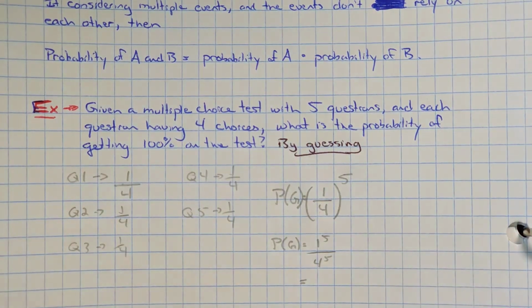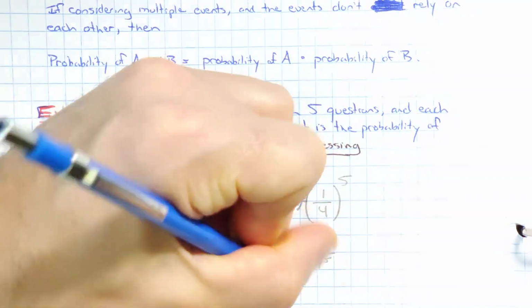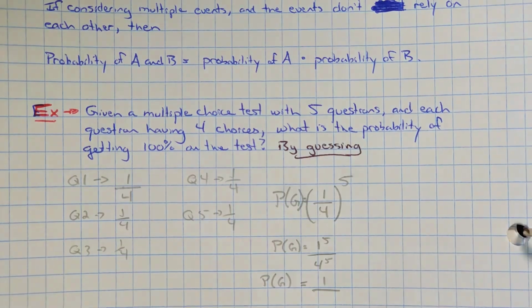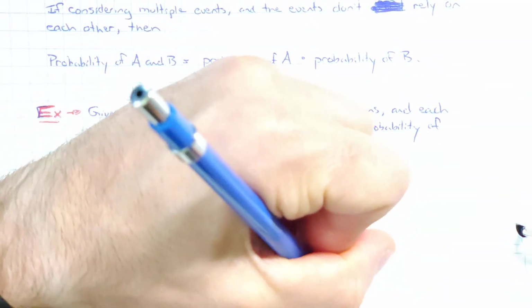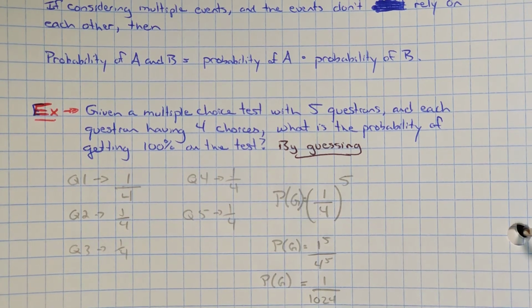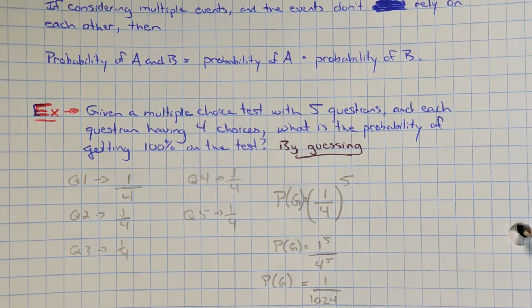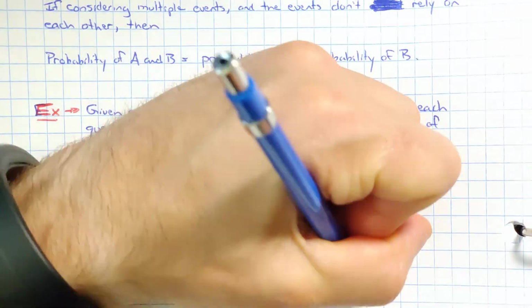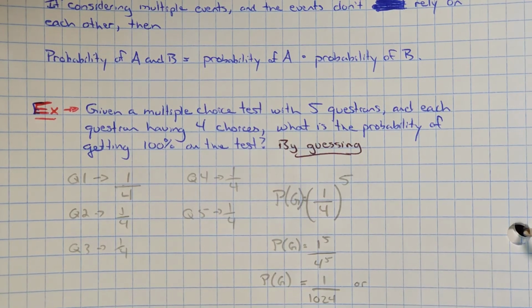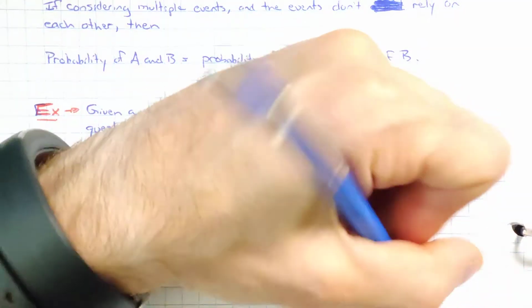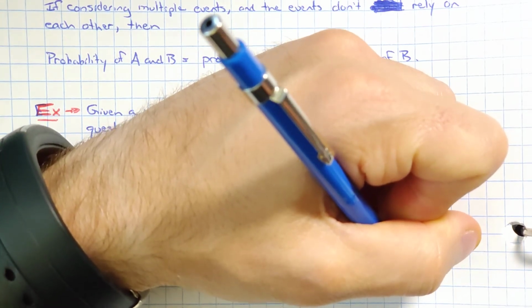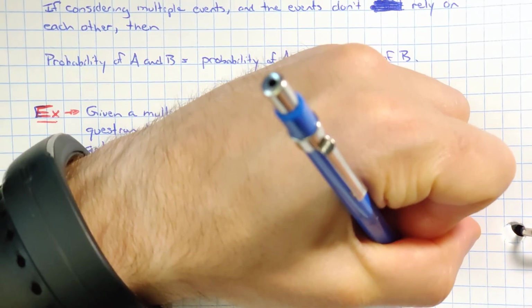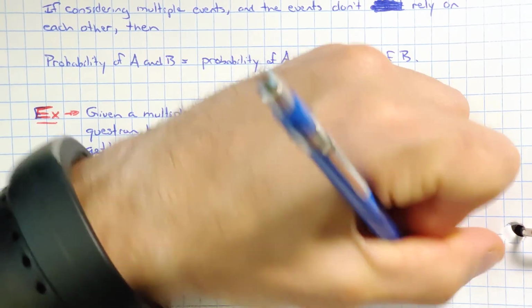And that would then equal the probability of guessing 1, because 1 to the power of 5 is just 1, and 4 to the power of 5 is 1024. So 1 in 1024 is your probability, or as a percentage, 1 divided by 1024 is approximately 0.098%.